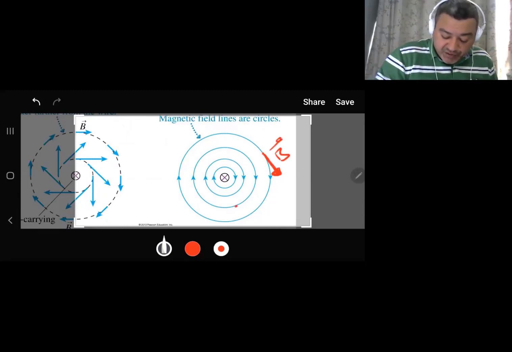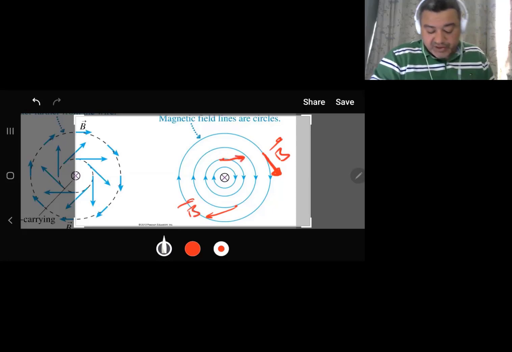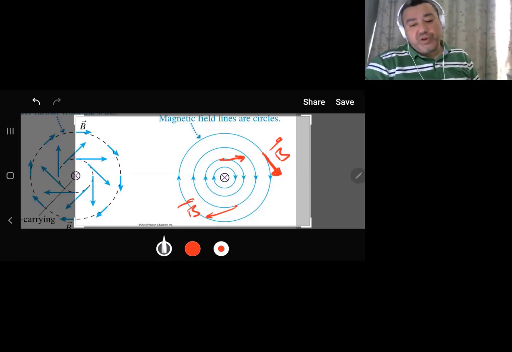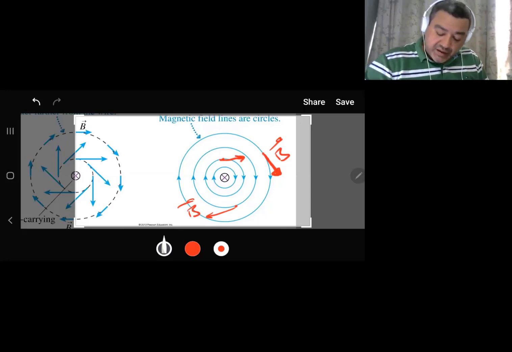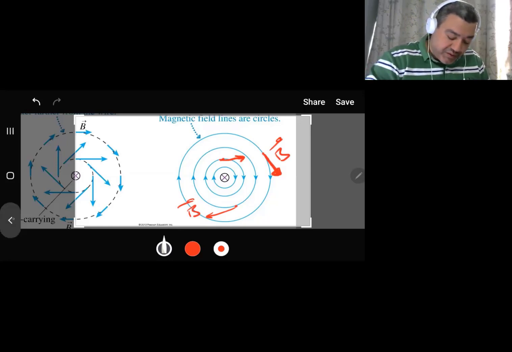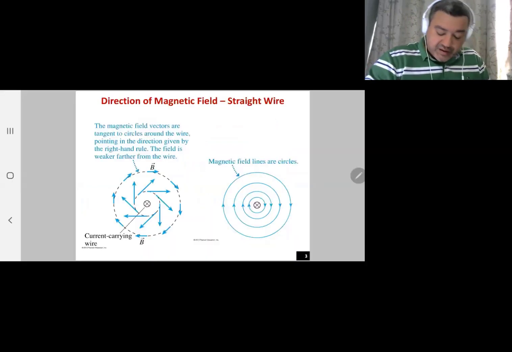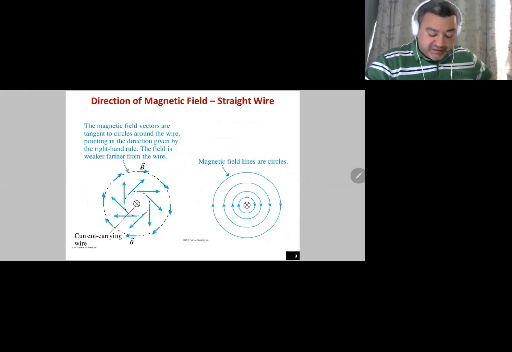If you take this one, again, tangential and pointing in this direction. This is exactly the same way we looked at the electric field. If you recall, they were tangential to the electric field lines.